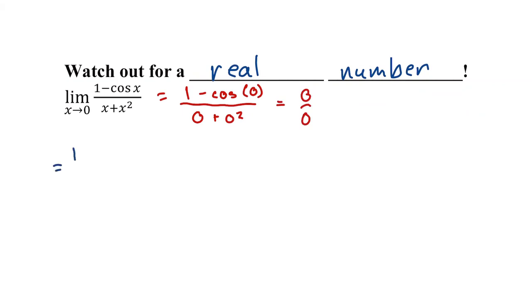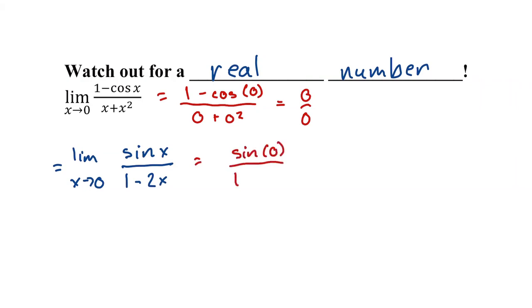So this will be equal to the limit as x approaches 0 of sine of x, because the derivative of cosine is minus sine, over 1 minus 2x. So plug in 0 again, try to take the limit. So you get sine of 0 over 1 minus 2 times 0, which is 0 over 1.